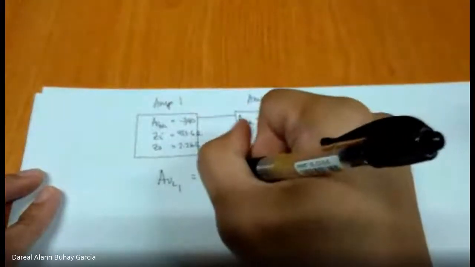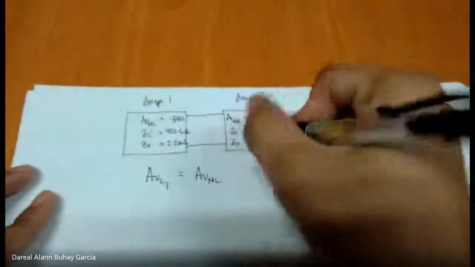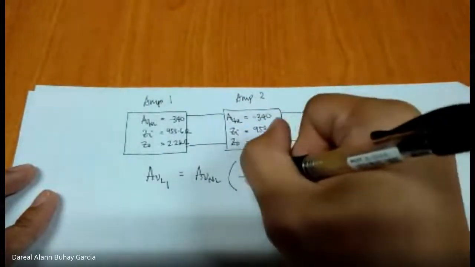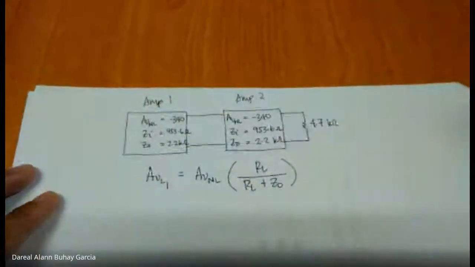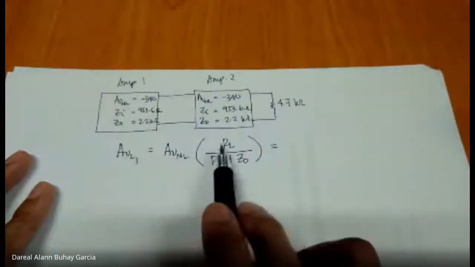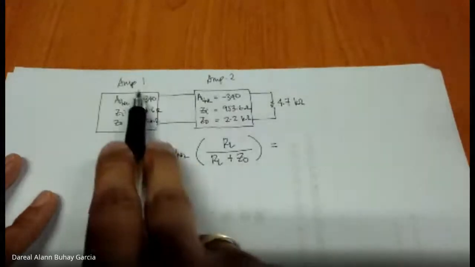AVNL times RL, no? Over RL plus ZO. So gani ang RL ni amplifier 1. Pila RL ni amplifier 1? Pila ang load nga makita ni amplifier 1? Sige daw.